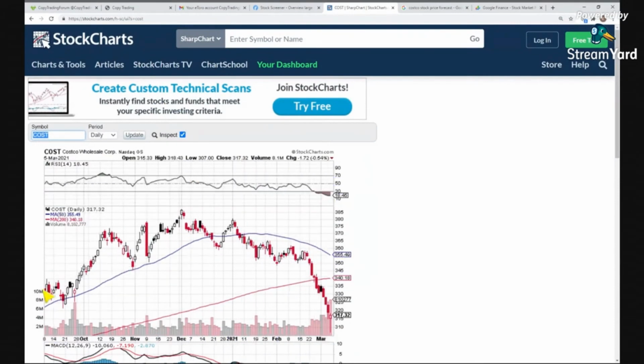You can see this is the price, and you can see it come way down. The middle line is 50, but this is the 30 line here. It's down at 18.45 because it's oversold, meaning it's at a great price at the moment. People are selling and selling this, so it's a good price to buy Costco.